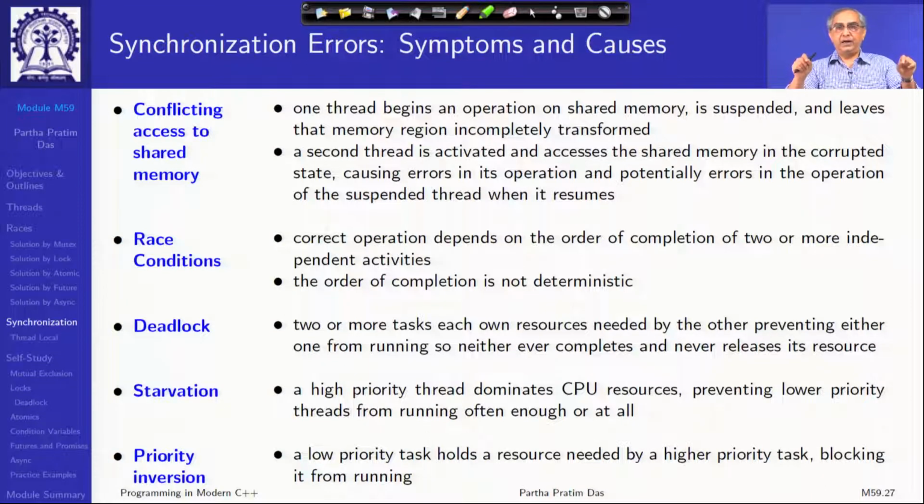So, none of the threads get the second resource to actually proceed into the critical region, and therefore both of them keep waiting infinitely. Starvation is a related problem. As I said, when you unlock, which thread gets it next is indeterminable. One of the waiting threads will get it.